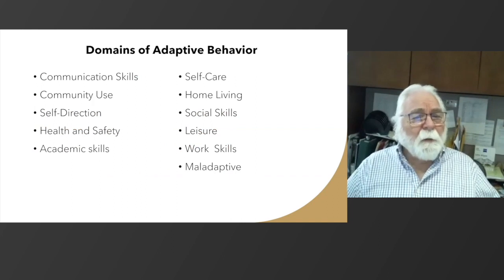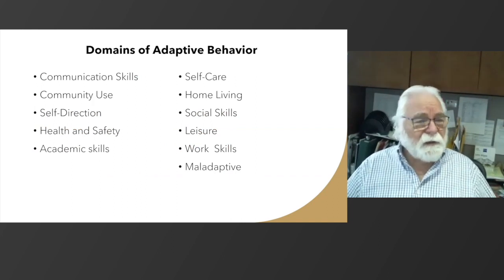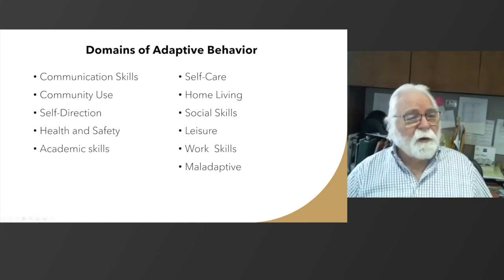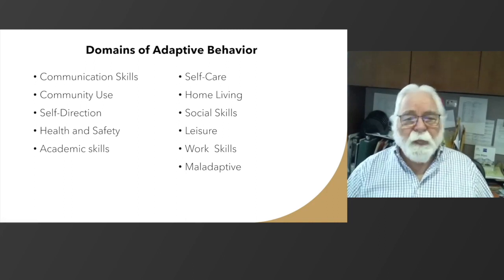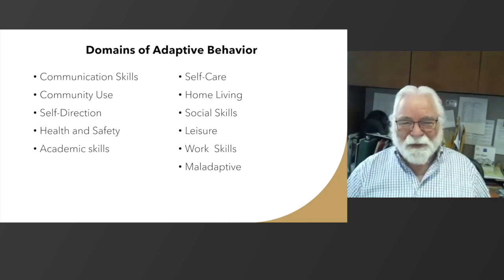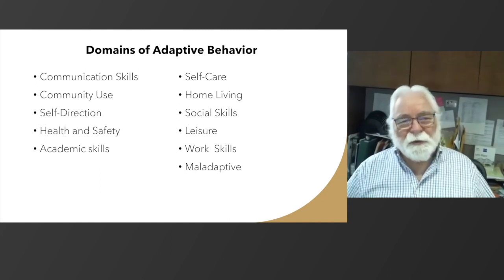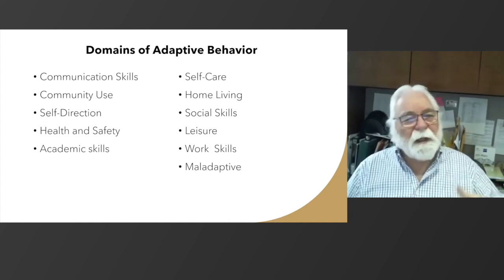A good adaptive behavior scale is going to address all of these domains. I'm not going to go through them. I think you pretty much know what each one of those are, but you'll end up with some scores. We don't want developmental scores for these, even though the standard scores you get here are going to be fairly low.